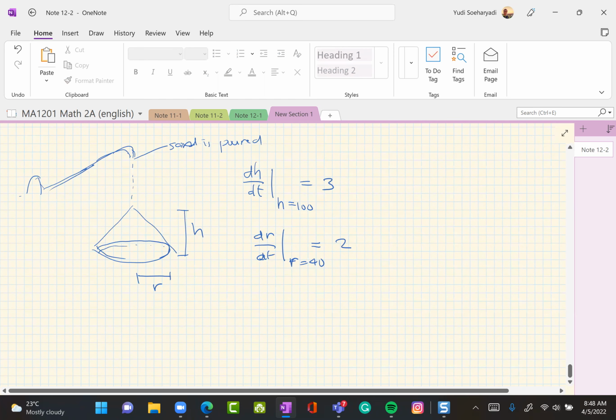We know V is volume, 1/3 pi r squared times the height. So V is a function of r and h.